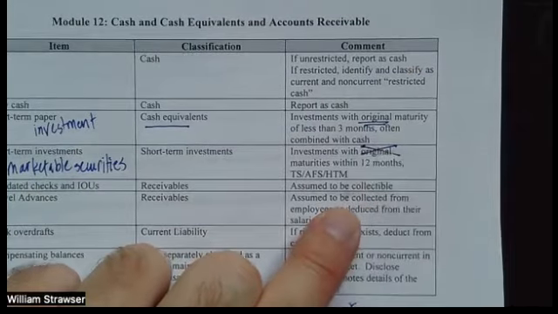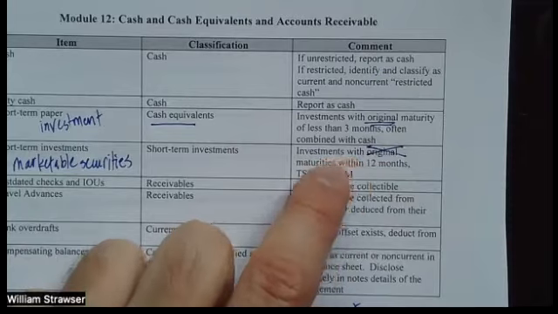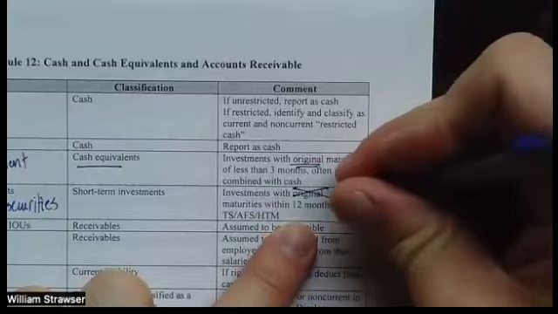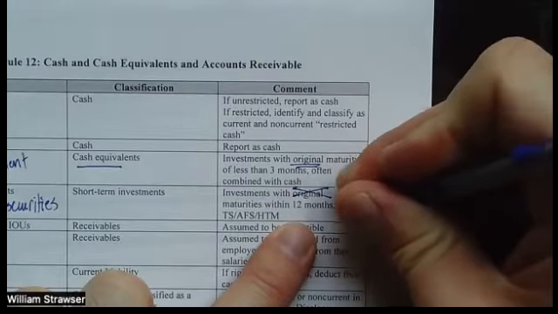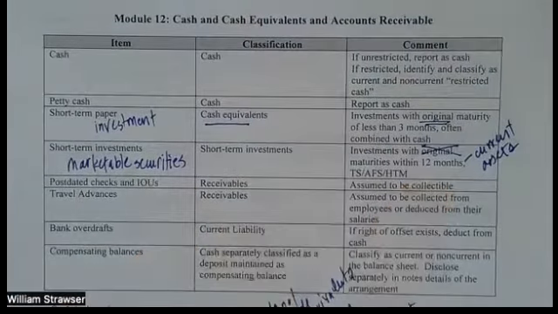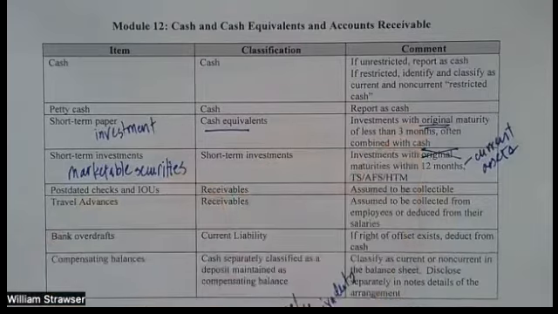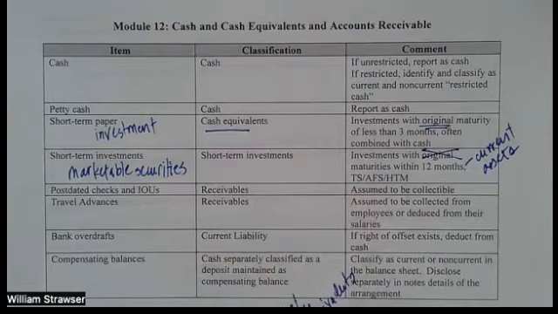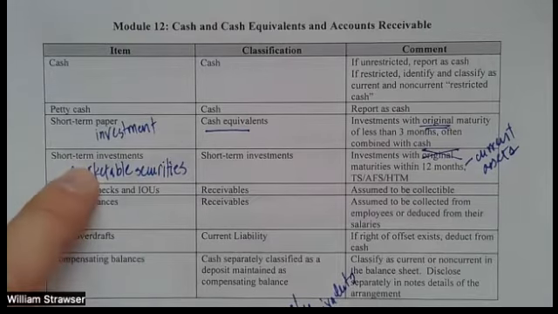They're not original. So these might have an original maturity of 6 months. These might have had an original maturity of 5 years, but if it was 4 years ago that I lent the money and I'm going to get it now within a year, it becomes a short-term investment.